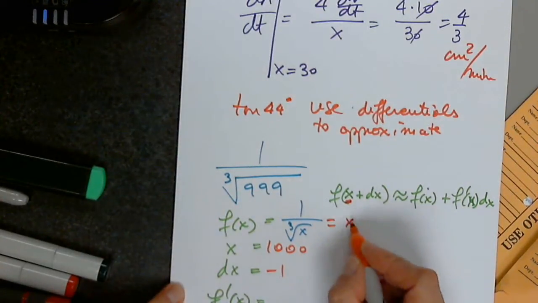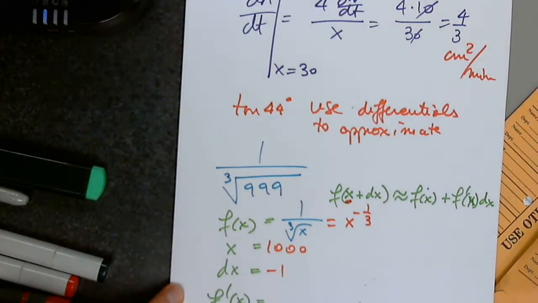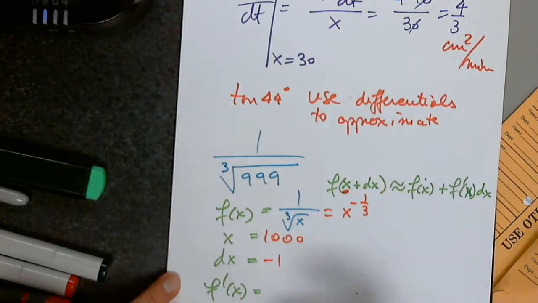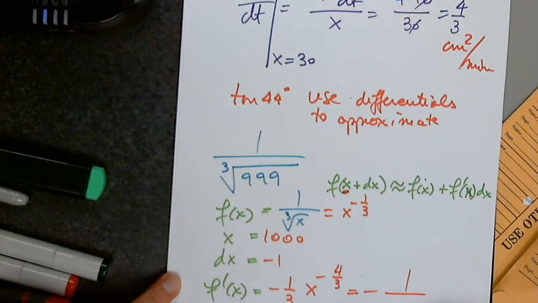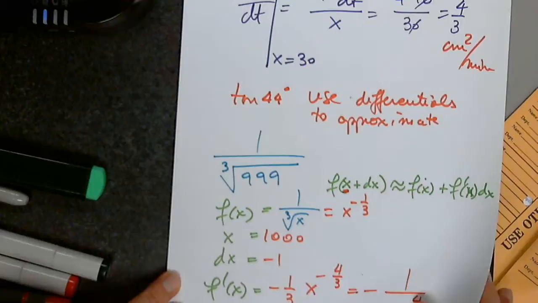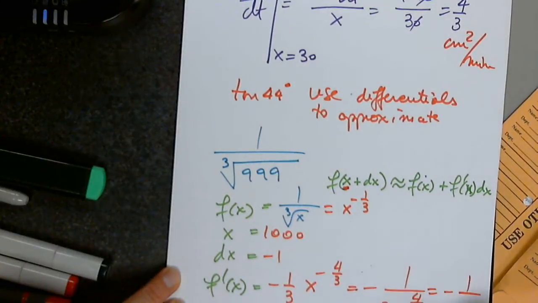So remember, this is x to negative 1/3. So f prime is going to be negative 1/3 times x to negative 1/3 minus 1, which is negative 4/3, or negative 1 over 3x to 4/3. But x to 4/3 can be further simplified as x times the cube root of x.